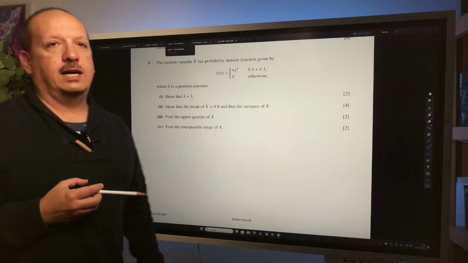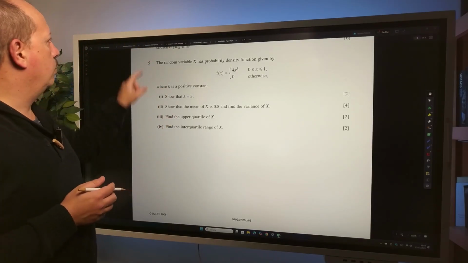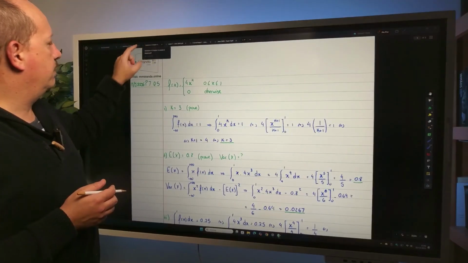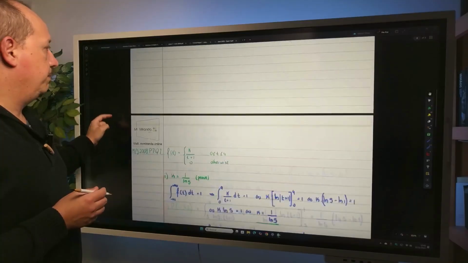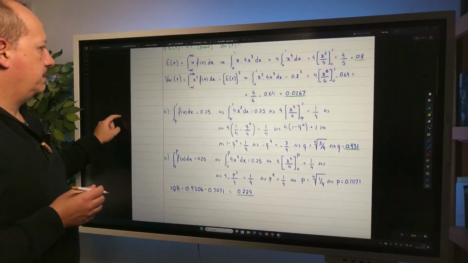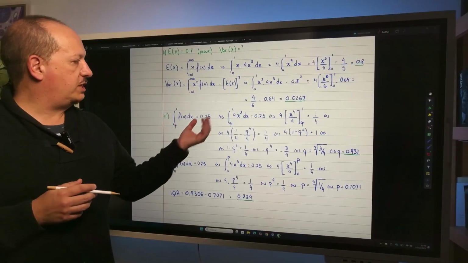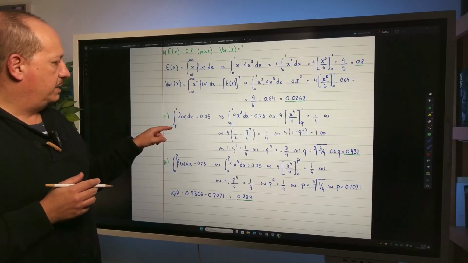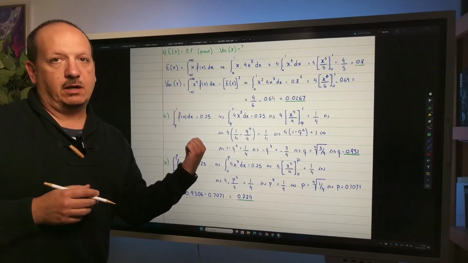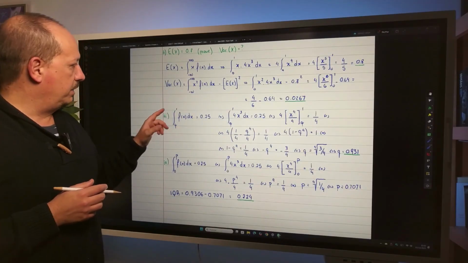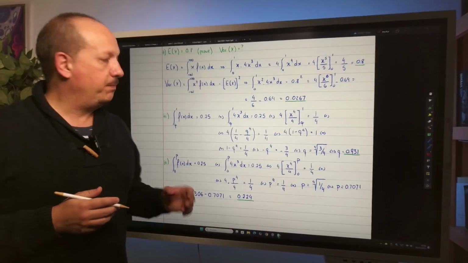Find the upper quartile of x. The upper quartile corresponds to the value q for which, this board is crazy today, for which the probability is just 0.25. So I'm talking about the value q over here, the lower limit of integration. The upper limit of integration is going to be the value 1, the maximum it can be, okay?